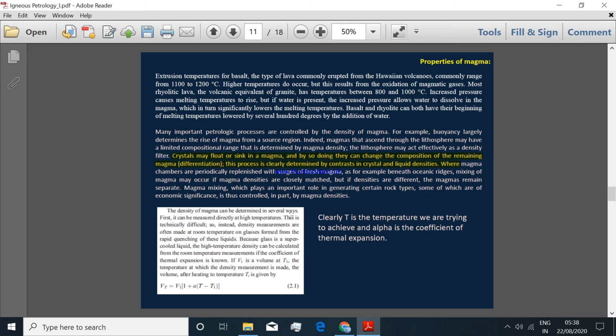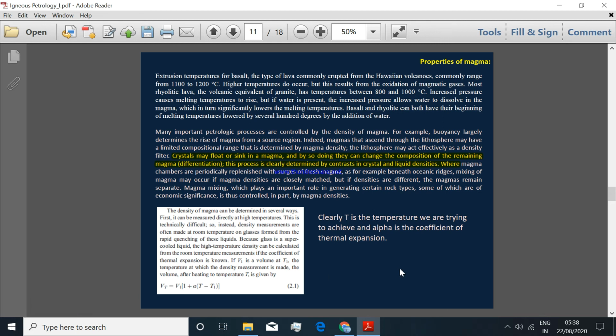The density of the magma can be determined in several ways, and first it can be measured directly at high temperatures, and this is technically difficult. Here, alpha is the coefficient of thermal expansion of a volume, T1 is the earlier temperature and T is the final temperature.